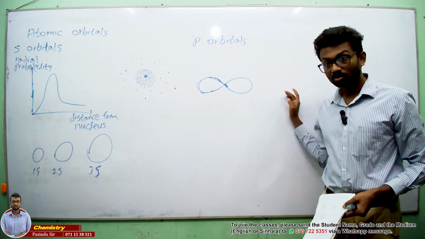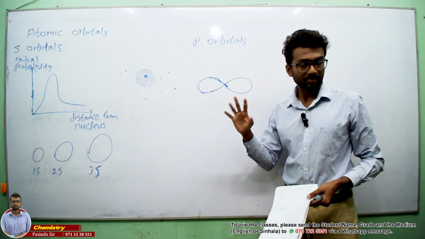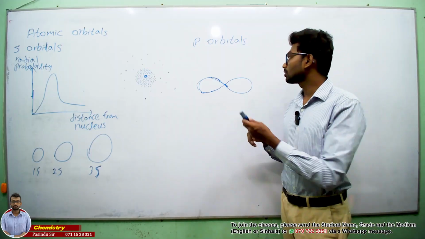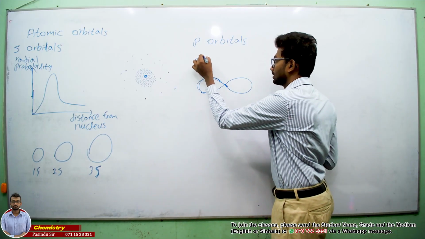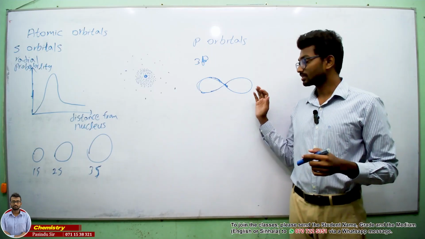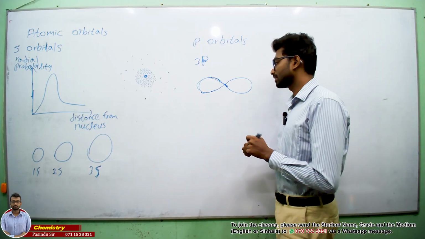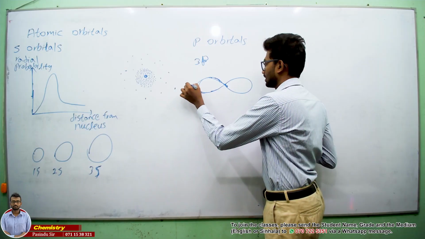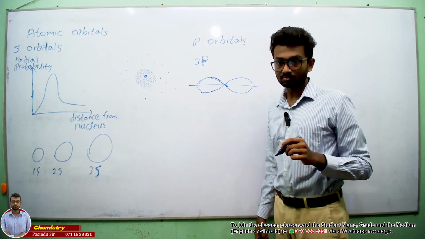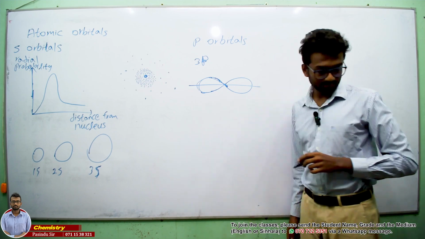So how many p orbitals are there? There are three p orbitals. So this is one. How do these three orbitals lie? One lies on the x-axis.